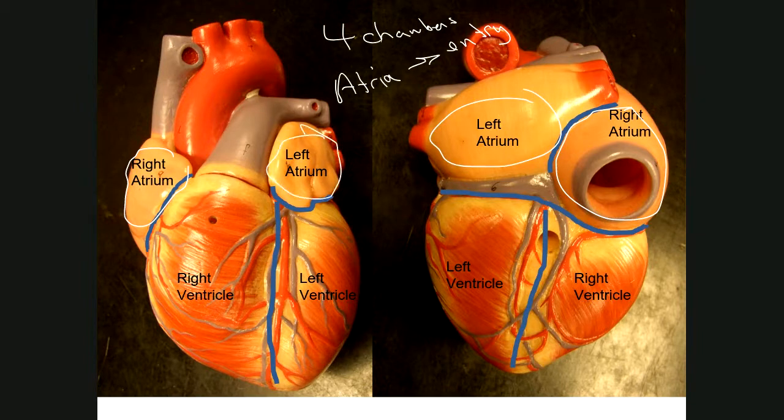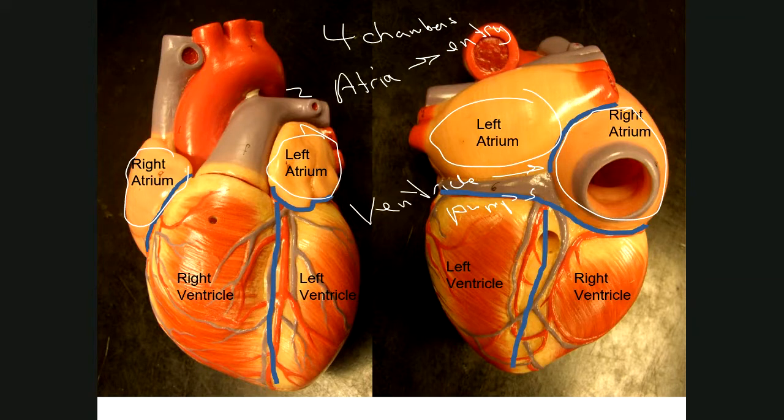So that's 2 chambers. We also have 2 chambers which are called ventricles. And a ventricle is a pumping chamber. It pumps, which means we're going to have muscle down here. And again, there are 2 of these.